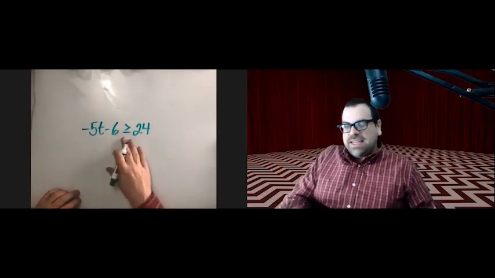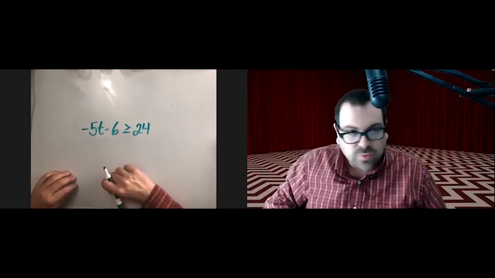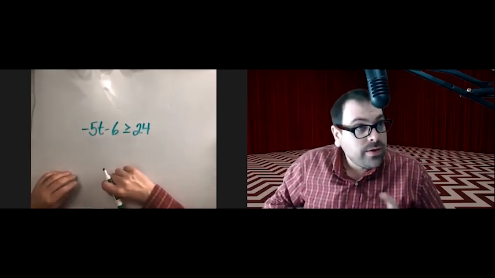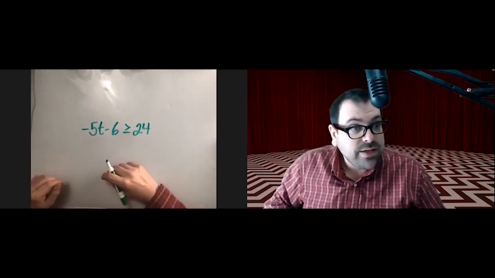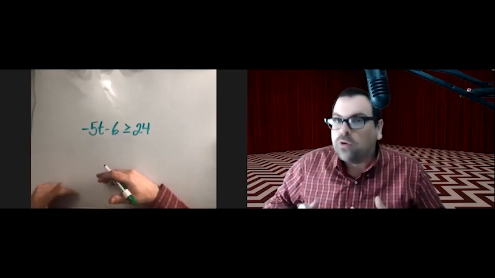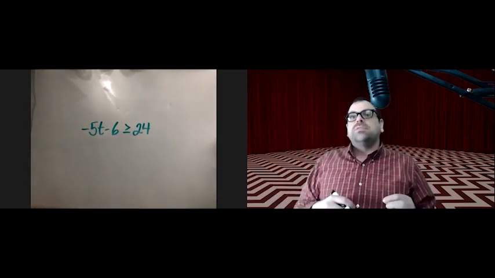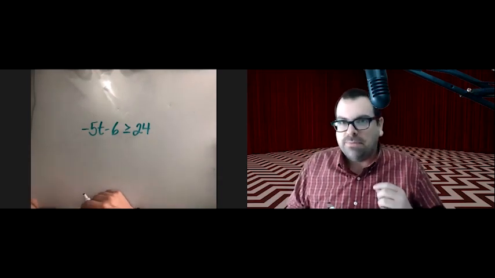Negative 5t minus 6 is greater than or equal to 24. Let's not do anything differently than normal solving of a linear equation until we run into a step, which may or may not happen, where we multiply by a negative or divide by a negative.